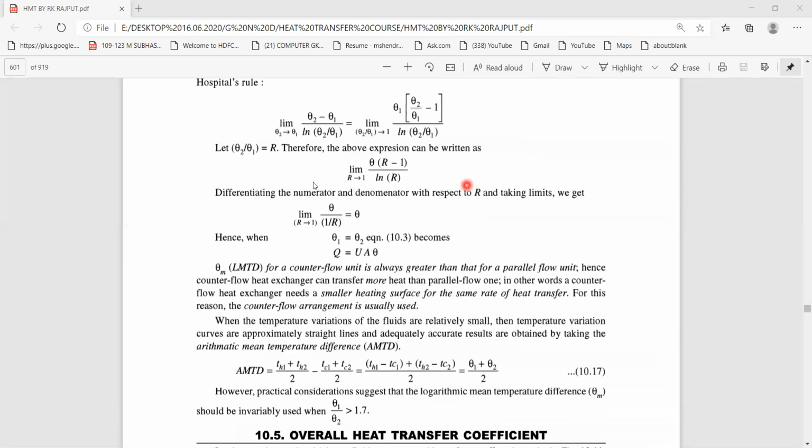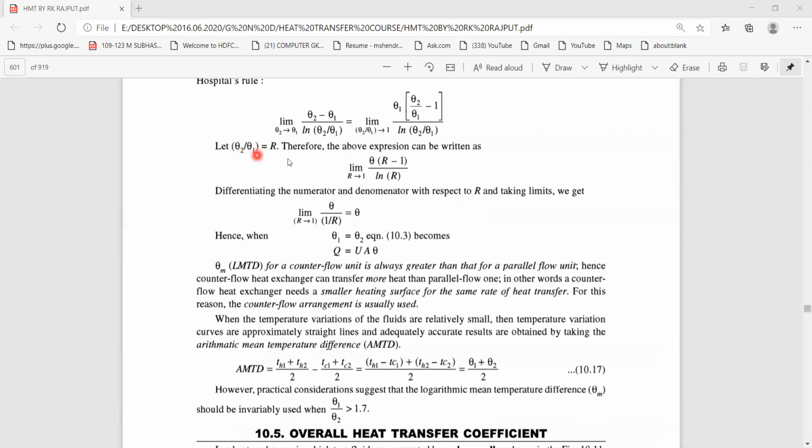Now let theta 2 by theta 1 equal r. Let me consider this ratio as r. So r tends to 1, and theta 1 is also theta. So the numerator is theta times r minus 1, and the denominator is ln r.